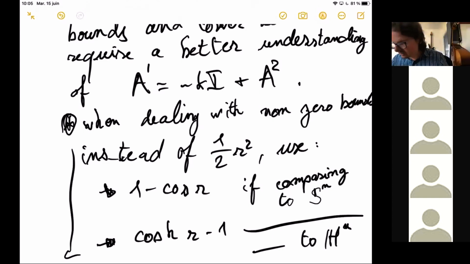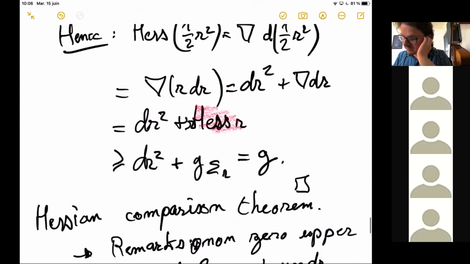So what are these? In the model space, these functions have constant Hessian equal to the metric, if I'm not mistaken. Just as half of r squared in a Euclidean space. And so you will get the comparison here.